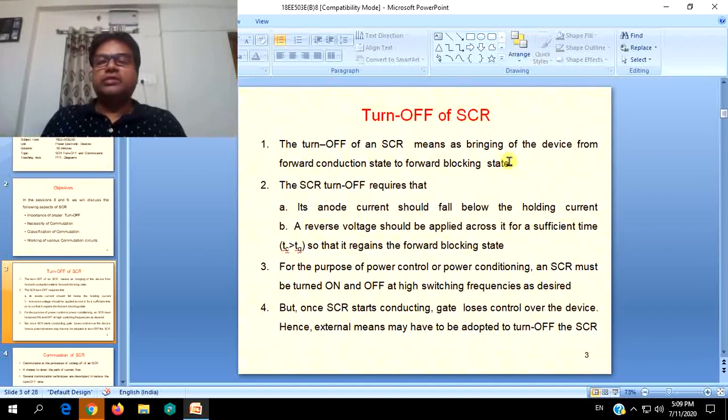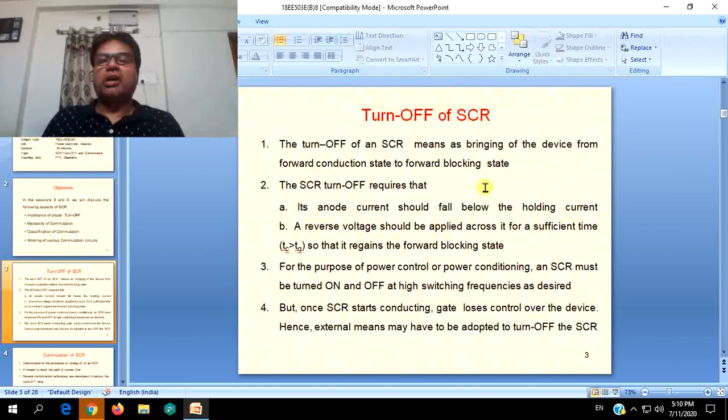Instead of that, what we will be doing is making the SCR come from forward conduction or on state to forward blocking state, so that we can avoid the fraction of turn on time which is required from the zero current to the forward blocking state.